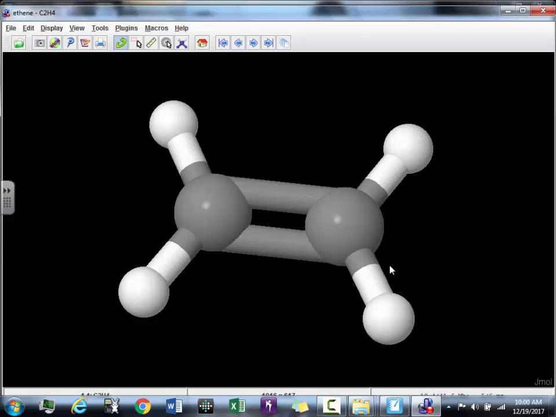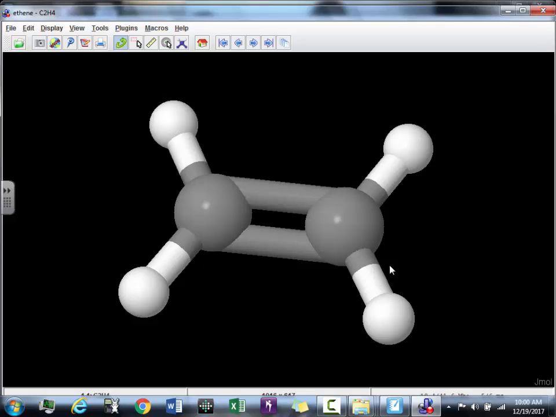The reason why is that unlike the other one, where it had to build a bit of a pyramid to it, see how this one went in 3 directions as well, but the 4th direction was a lone pair. This one right here goes in 1, 2, 3 directions, right? But rather than the 4th direction being a lone pair, it doubled up on the bond. So what we end up getting is what's called trigonal planar. This is still in 3 directions, but it's flat.